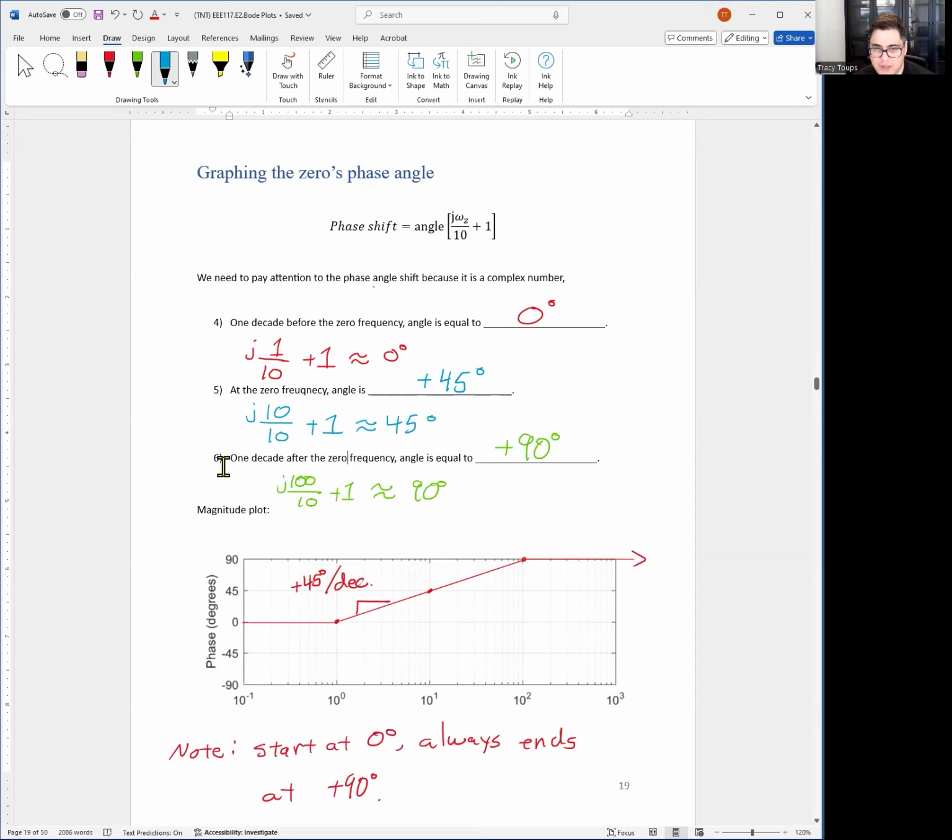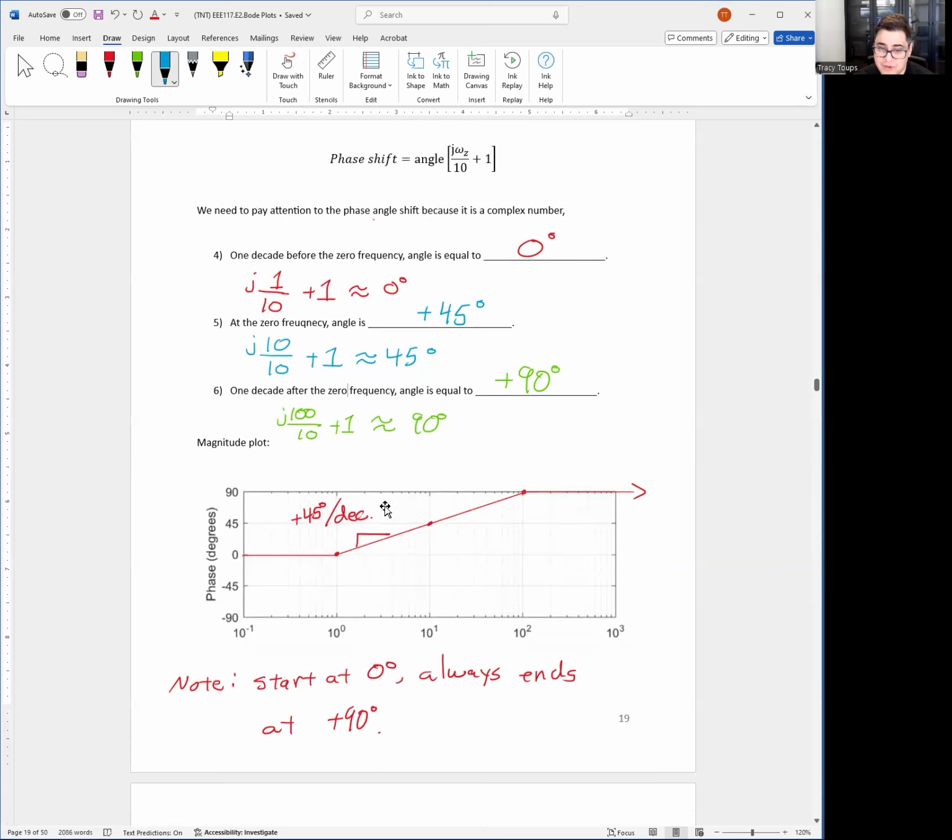And then at ω equals 100, j100 over 10 plus 1, that's roughly equal to 90 degrees because the imaginary number is dominating so much. Positive 90 degrees. Again, just like the pole, you start at 0. This time you go to positive 45 degrees and positive 90 degrees, and you stay at positive 90 degrees. You never go above positive 90 degrees for a single zero.